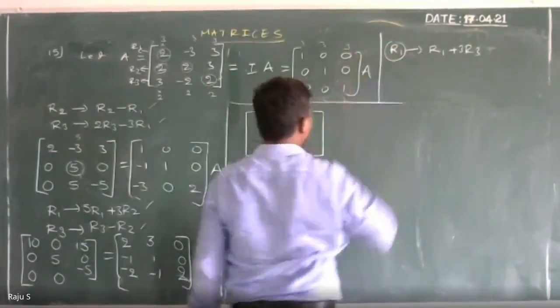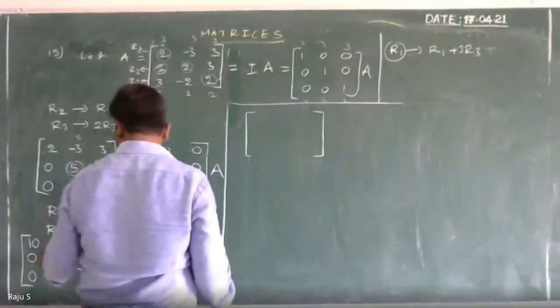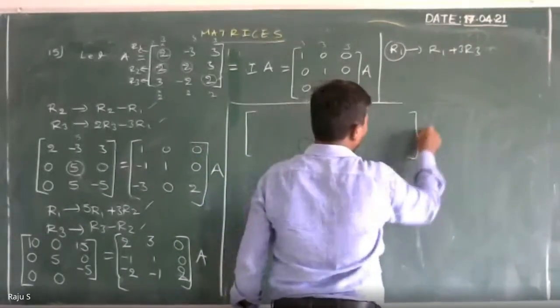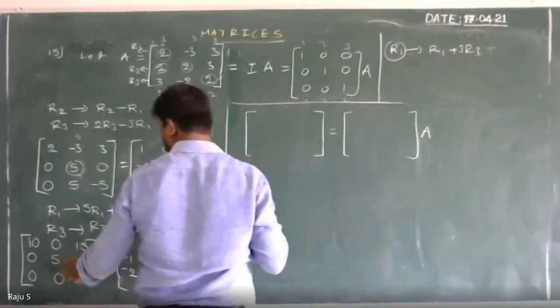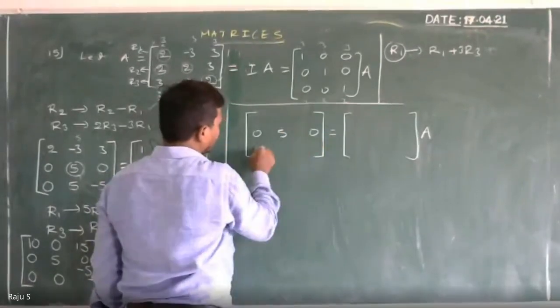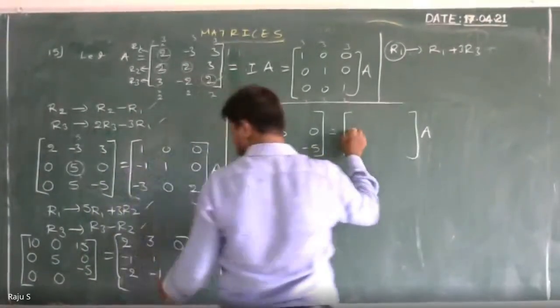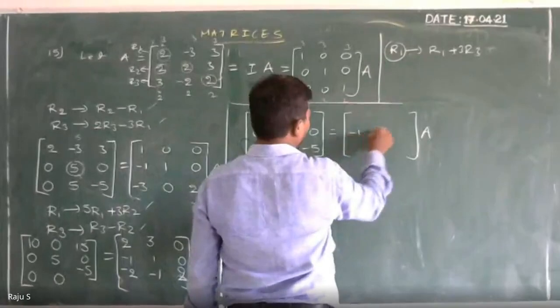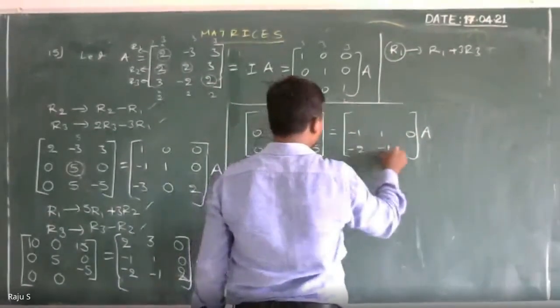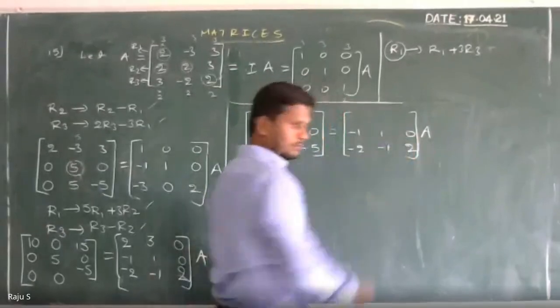R1 only will be changed. Next, write R2, R3 as it is. What is R2? 0, 5, 0, 0, 0, minus 5. Here also the second row minus 1, 0 and minus 2, minus 1, 2.